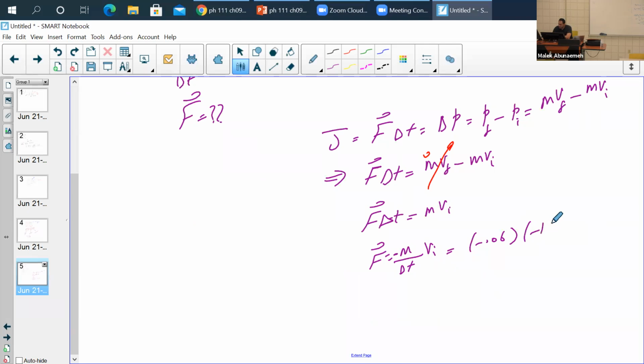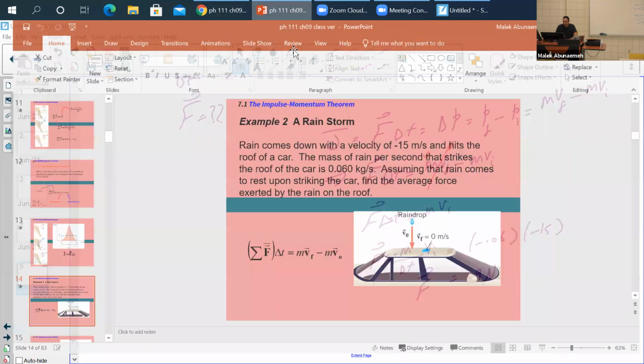So that's going to equal 0.9 newtons. Both negatives are going to cancel out and become a positive. So your force is going to equal 0.9 newtons.